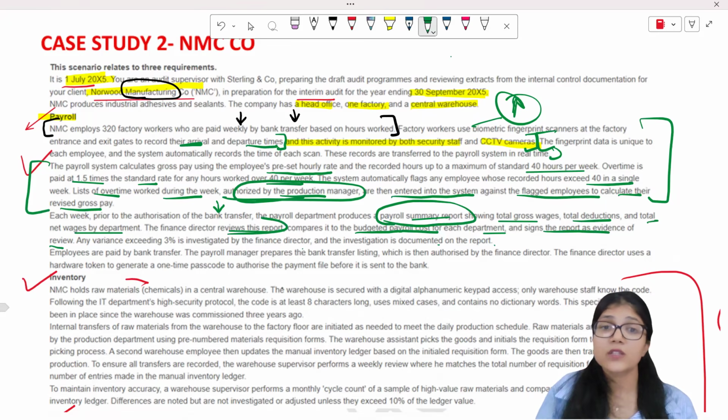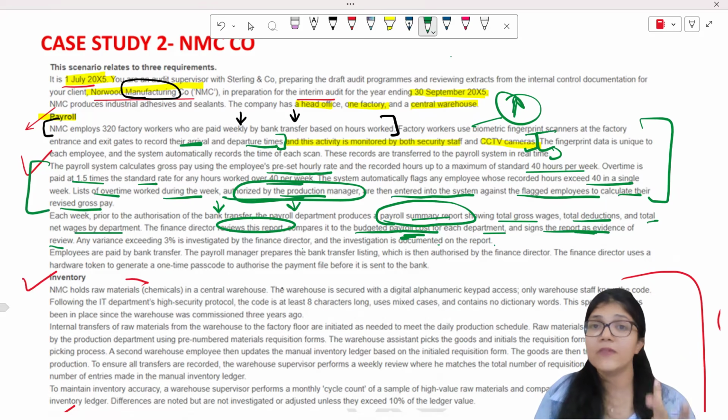Then the finance director is reviewing it. The payroll department is producing, the director is reviewing it and comparing it to the budget, signing the report. And if there's any variance which exceeds 3% between what was budgeted and what is actual, they are also investigating and documenting it. So you see, so many efforts are put in place over here.